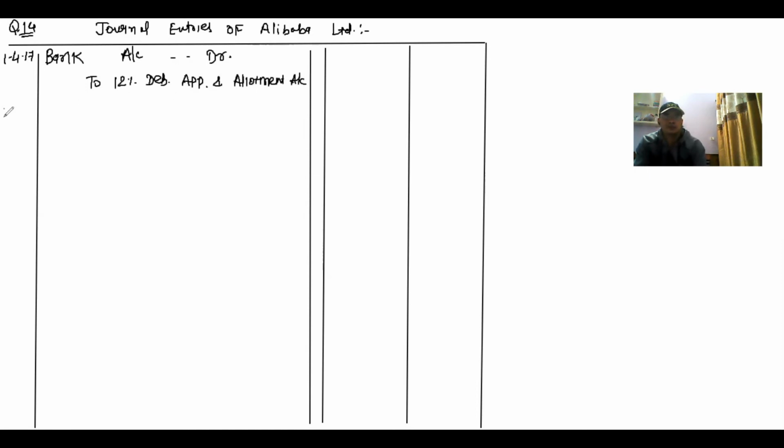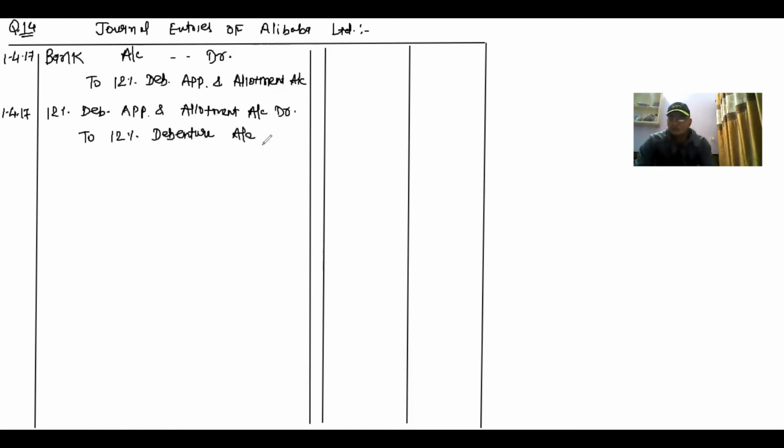Second one, on the same date 1/4/2017, 12% debenture application and allotment account debit to 12% debenture account. Got it? So these are the two entries for the issue of debentures. Then they provided that interest on these debentures is paid on 30th September and 31st March.